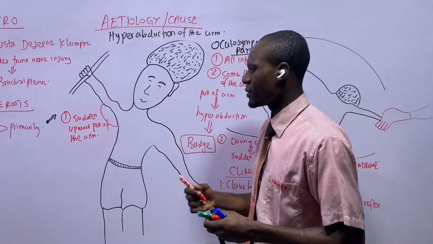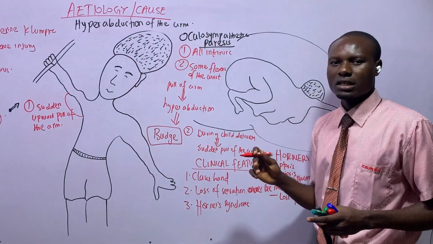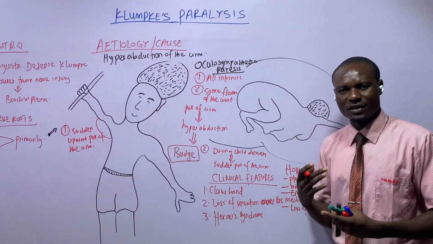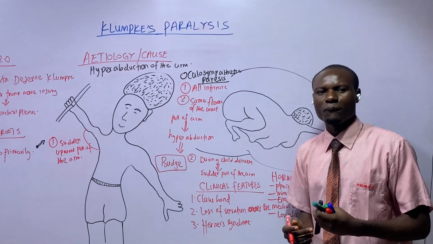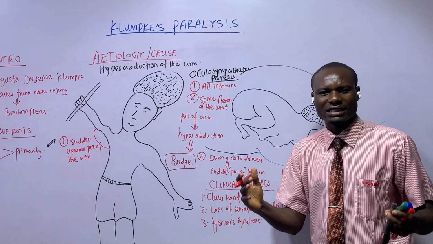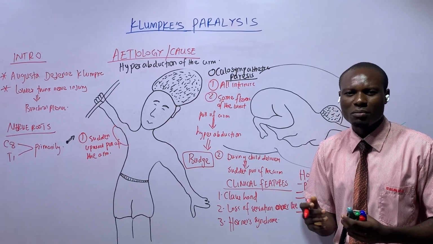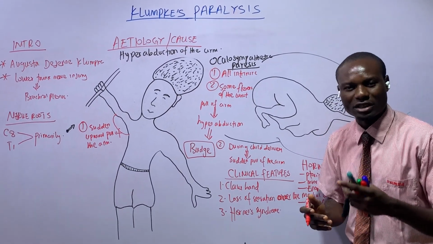All right, so we've been able to discuss Klumpke's paralysis, the various causes, the affectation of nerves, and the clinical manifestations of Klumpke's paralysis. One more thing before we go. Whenever Klumpke's paralysis is associated with iris heterochromia, or heterochromia iridis, there's a unique name for that, and it is called von Passow syndrome.